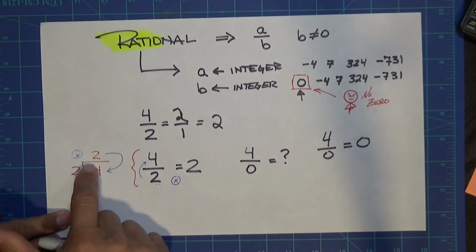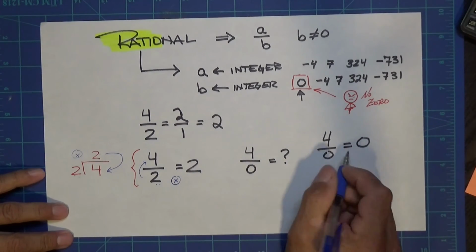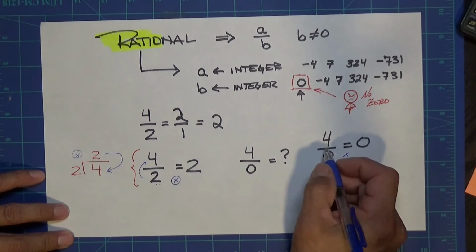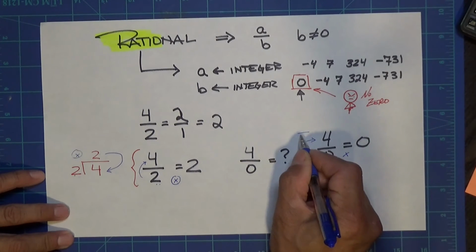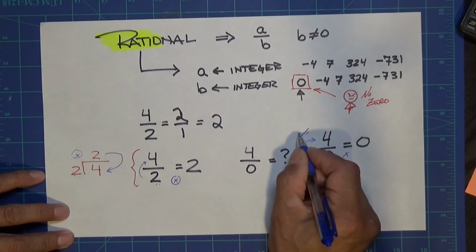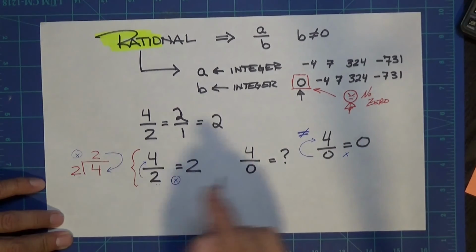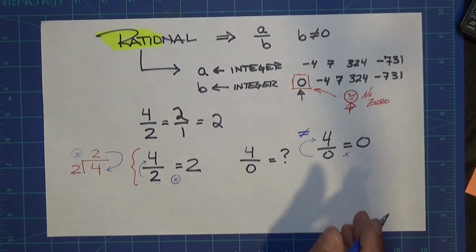Let's apply the same rule here. So 0 times 0 is equal to 0. It does not equal 4. And this is why you cannot have 0 as a divisor.